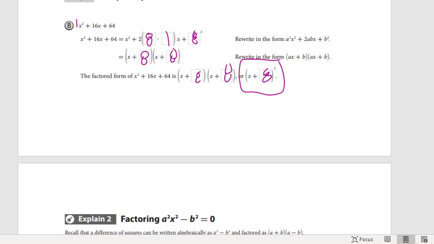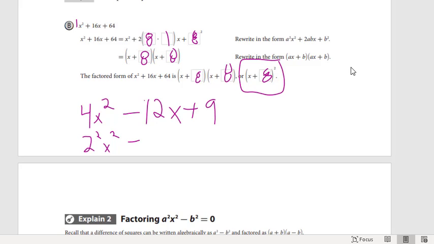Okay, another example. I'm going to do 4x squared minus 12x plus 9. When we look at that, this is the same as 2 squared times x squared.